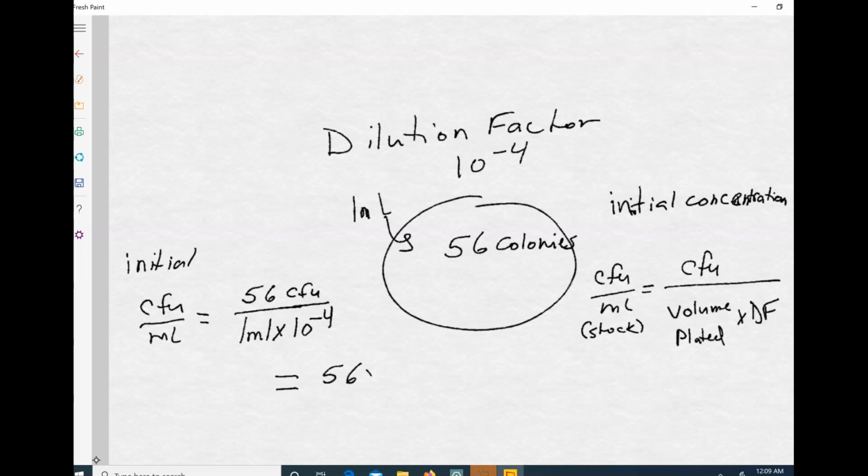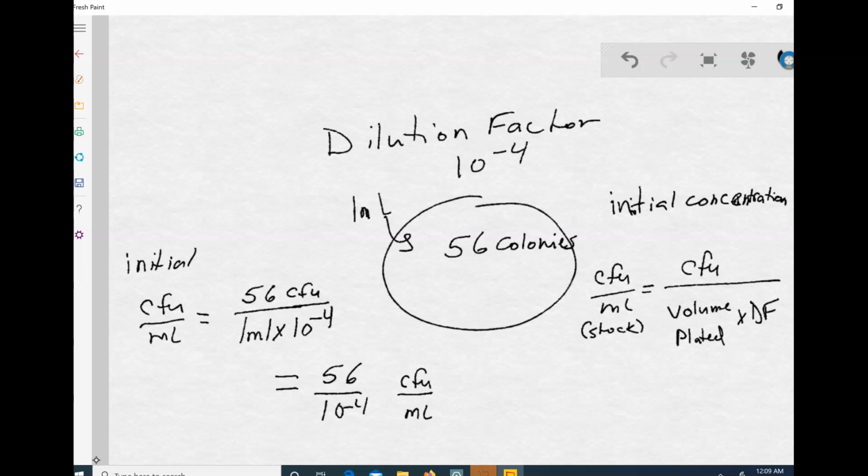So 56 over 10 to the minus 4. My units are colony forming units per milliliter.